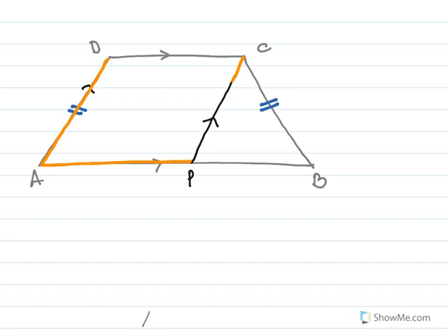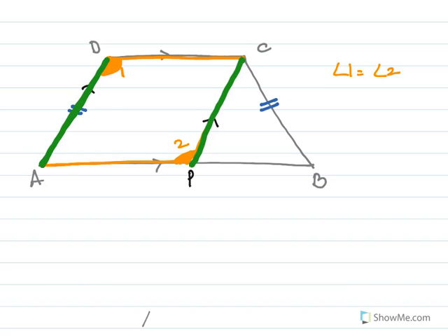This was our parallelogram, and because it is a parallelogram, I could say these two opposite angles plus this angle is equal. So we have angle 1 and angle 2 equal. That was one step. Then the next step was, we know AD is equal to PC, opposite sides of parallelogram.